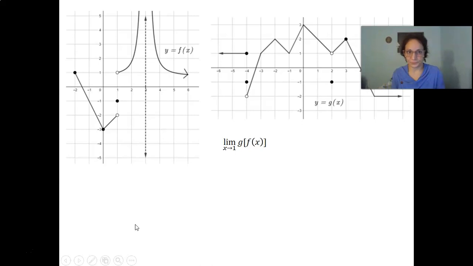Same graphs. This time I have g of f of x and I'm approaching 1. So let's take a look at f of x as we approach 1.